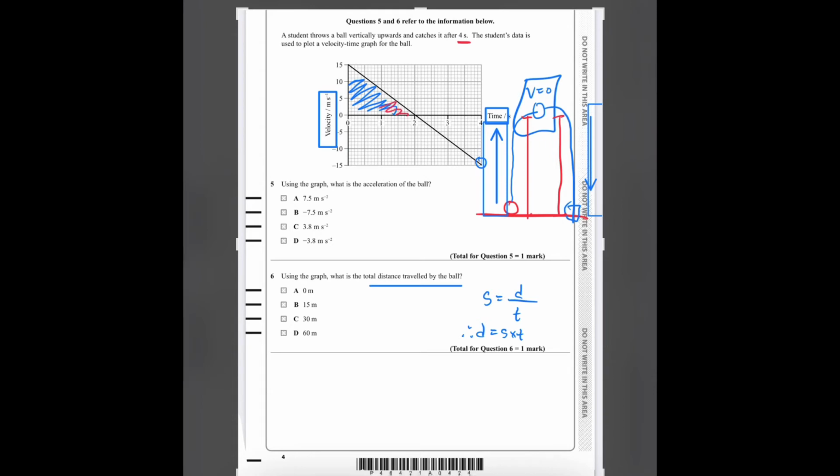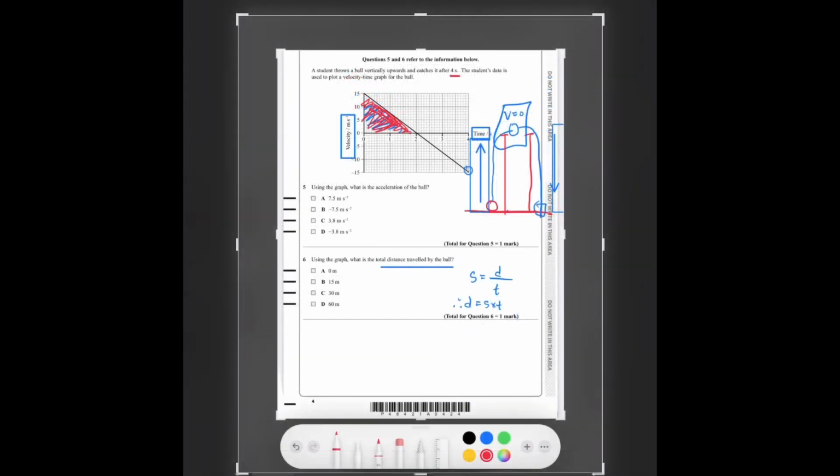So this is the distance from the ground to the top point, which is half into 15 into 2. This is the distance traveled from the ground to the topmost point.